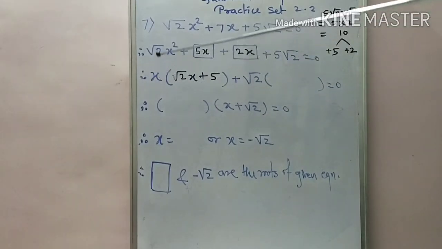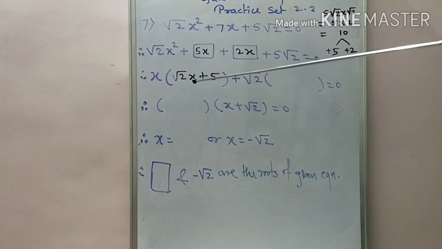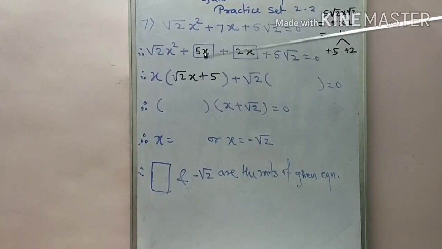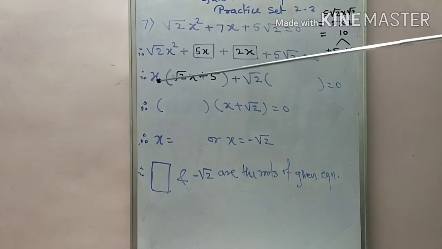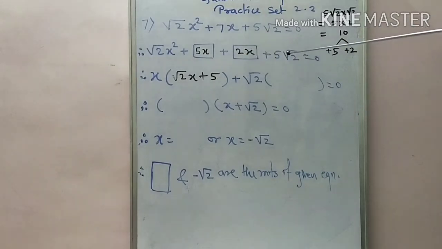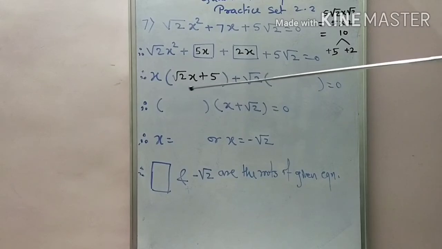If x is common, √2 as it is, and from the x² we take x common, so 1x remains: √2x plus, from 5x with x common, the remaining is 5. From the two terms of the second group, taking √2 as common, we write the remaining terms here, and by the rule the first bracket stays as it is.